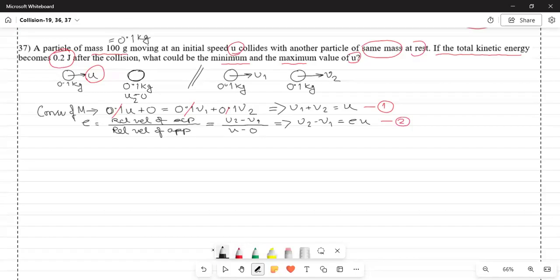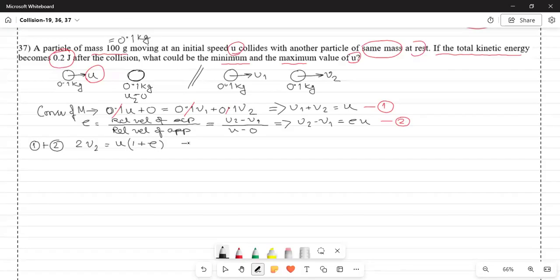Next step will not be very difficult. You can already apprehend what I am going to do. I am going to do equation 1 plus equation 2. If you do equation 1 plus equation 2, we have 2 v2 equal to u into 1 plus e.